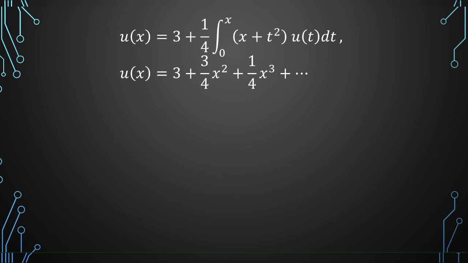This is our last example, u of x equals 3 plus a quarter of the integration from 0 to x of t squared u of t dt, and this is the answer that we have to reach.